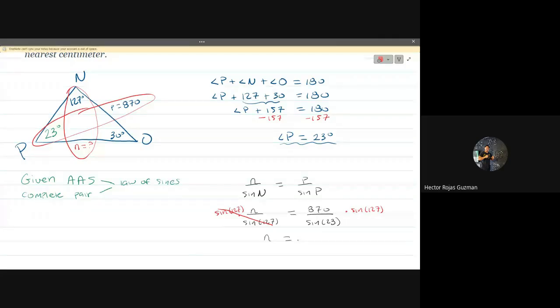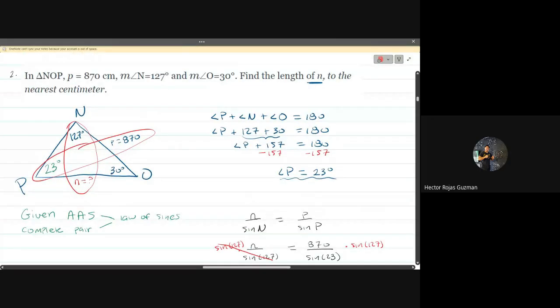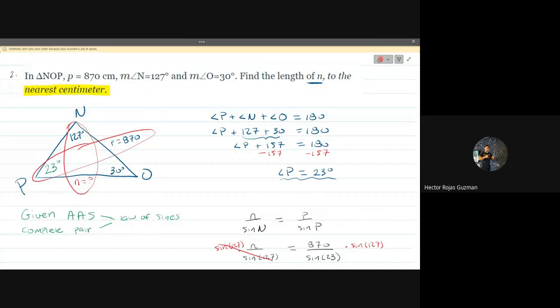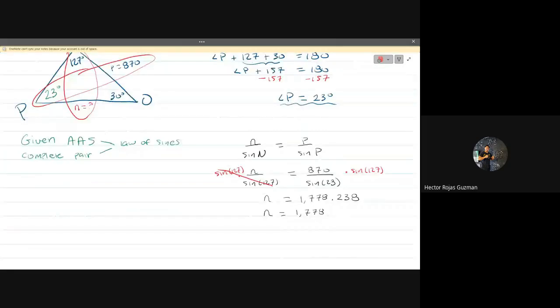That's a big number. It's 1,778.238. Let me go back and see the instructions real quick. It says that we are supposed to round to the nearest centimeter. That means to the nearest whole number. So n equals 1,778 centimeters.